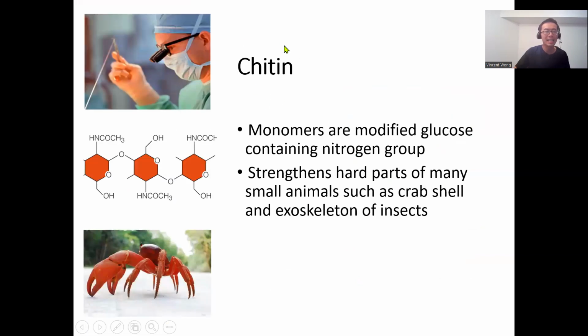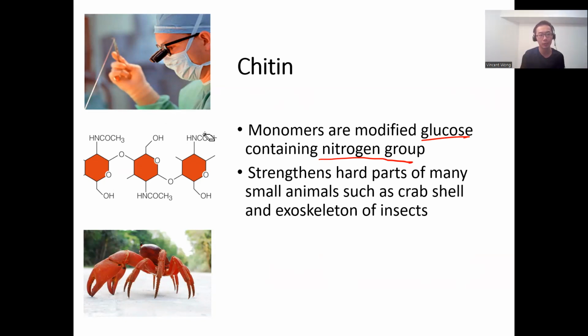It's called chitin. Chitin is a polysaccharide that is not made up of glucose or fructose or galactose. It's made up of a special kind of monomer that is a glucose with some nitrogen on it.